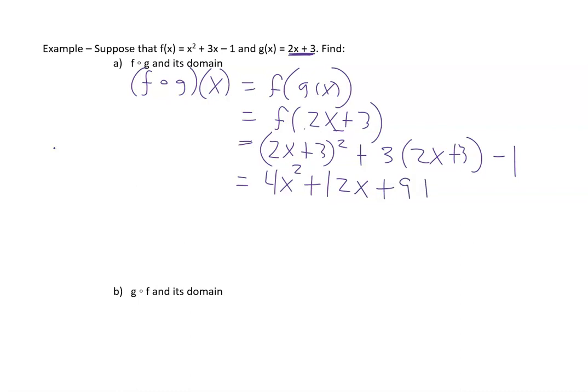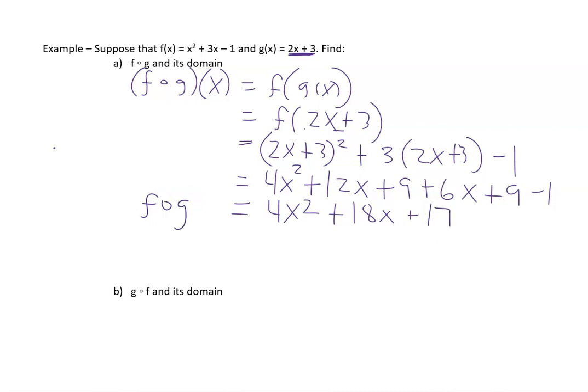Here we're going to distribute the 3, so we get 6x plus 9, and then we still have the minus 1. Combine our like terms, and we get 4x squared plus 18x, 9 plus 9 minus 1 would be plus 17. So f composed with g of x is going to be 4x squared plus 18x plus 17.